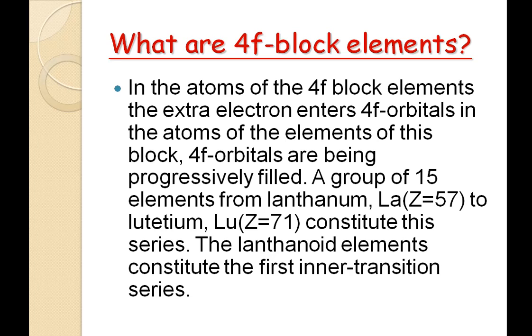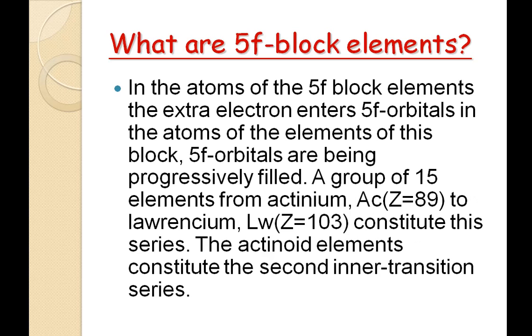In the atoms of 4f block elements, the incoming electron enters 4f orbital. A group of 15 such elements from lanthanum to lutetium constitute this series. So, the lanthanoid elements constitute the first inner transition series.